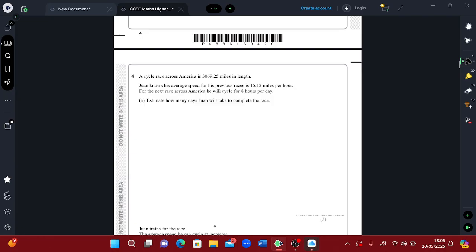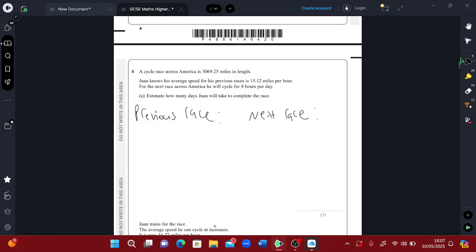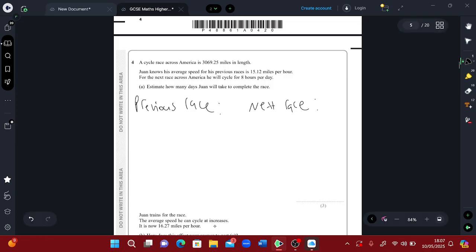They're talking about previous races and the next race, so I think it might be good to split it into two. That's a good thing with these distance-time questions: usually they give you two different situations, and you need to find the missing information. You'll see what I mean in a minute.